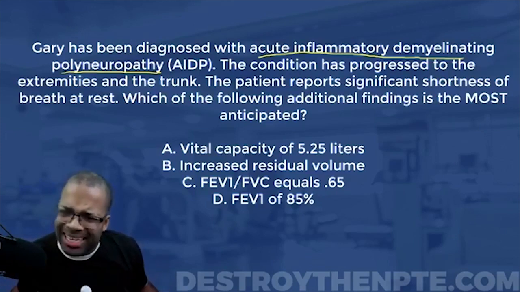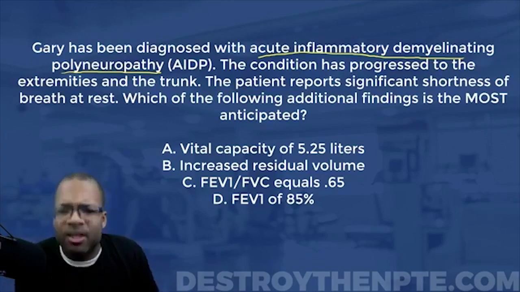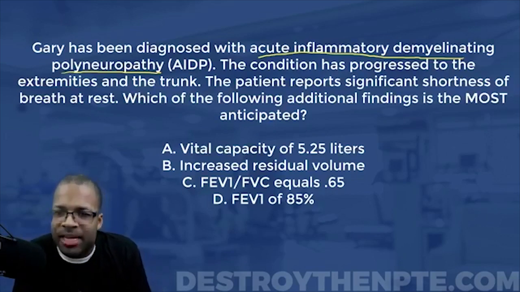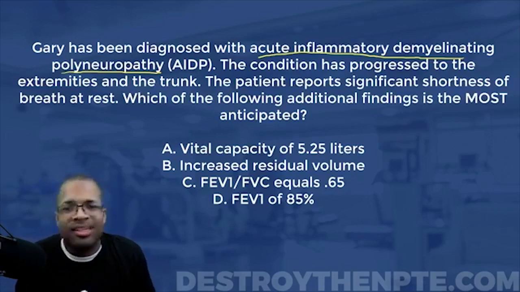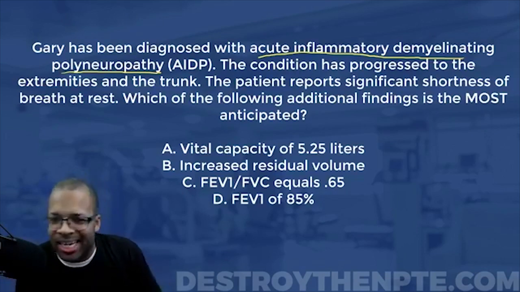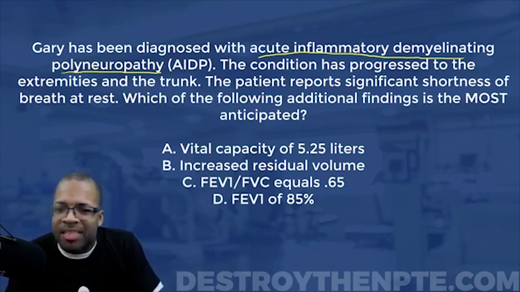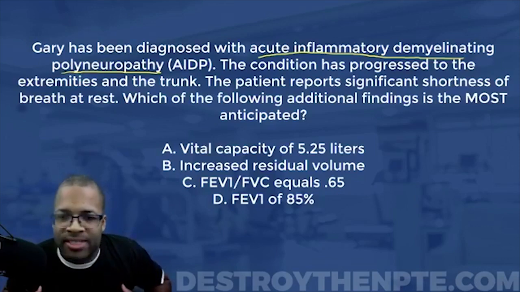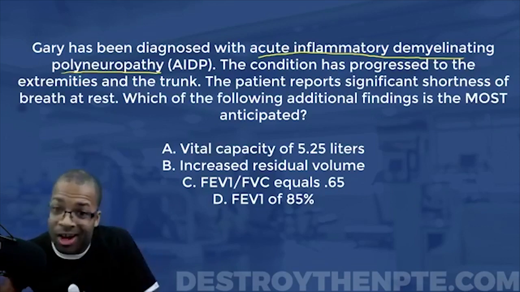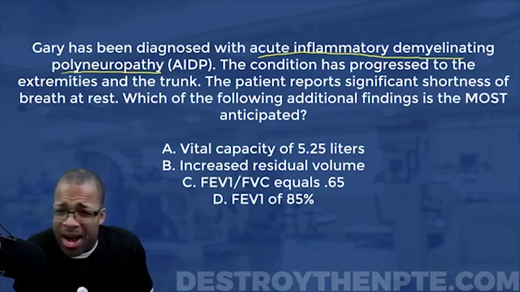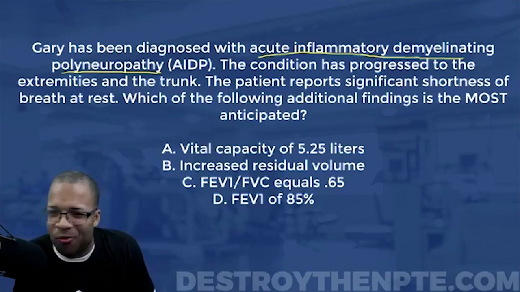The patient reports significant shortness of breath at rest. With Guillain-Barré, as it progresses, it affects the respiratory muscles, which can cause shortness of breath. So all this is just supporting what I already know. It's not any new facts, really.